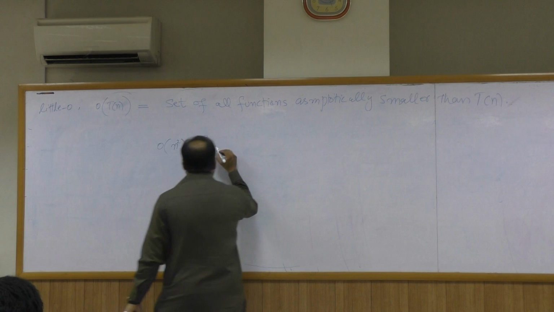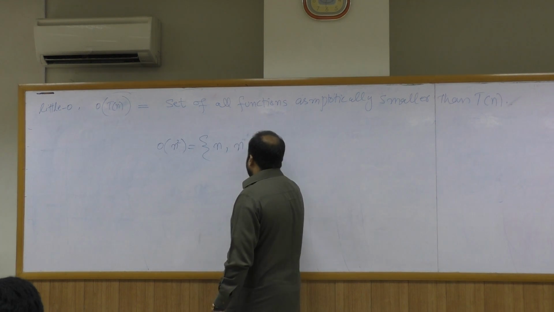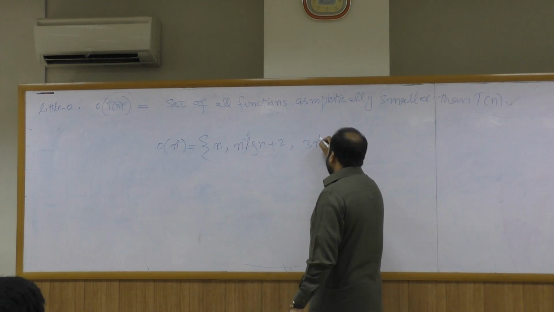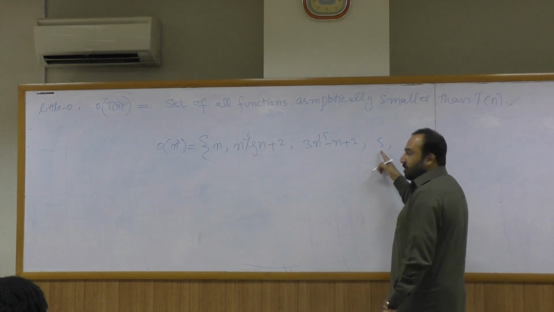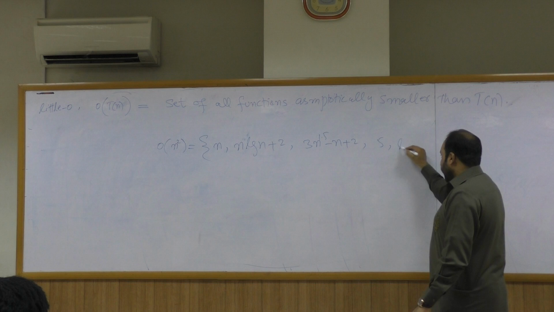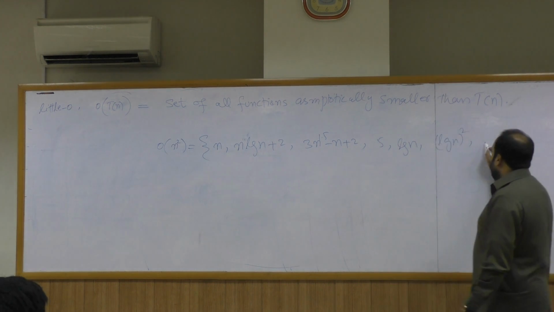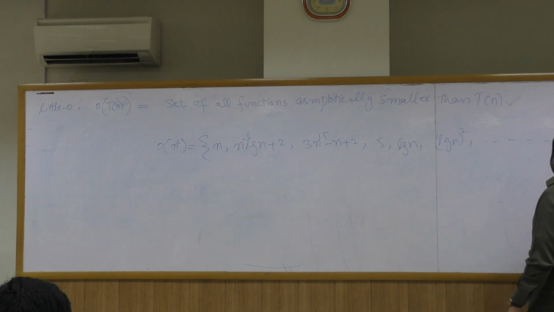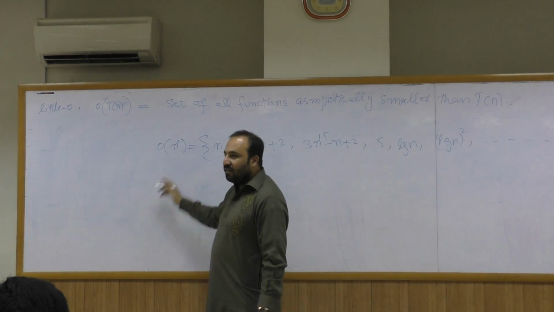Those are n log n plus 2, 3, n raised to 1.5 minus n plus 2, 5, a constant function alone, log n whole squared, and so on. So many functions, all the functions that are asymptotically smaller than this function.